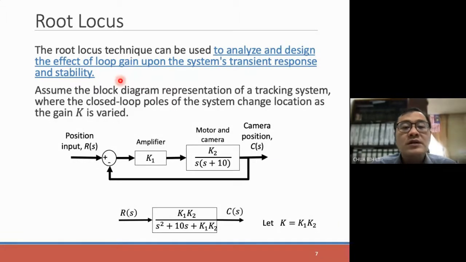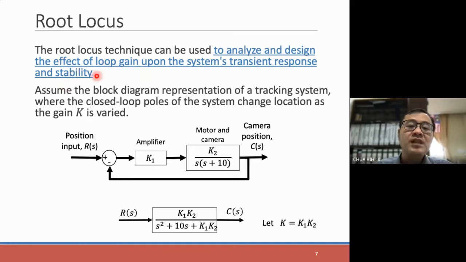The root locus technique can be used to analyze and design the effect of loop gain. Loop gain refers to the K itself. It is a loop, and the gain is the K, right? So the effect of loop gain upon the system transient response and stability. Again, we always talk about the response itself, and before we analyze anything, we should also check the stability.